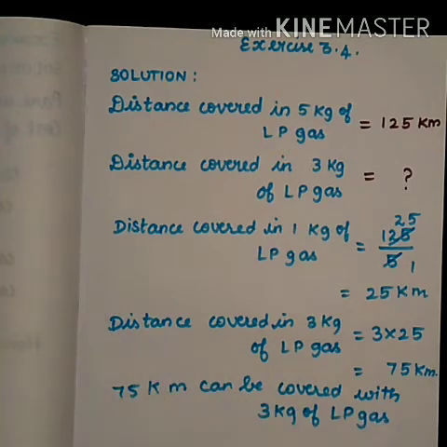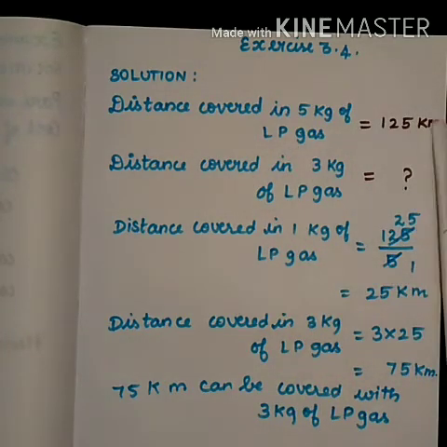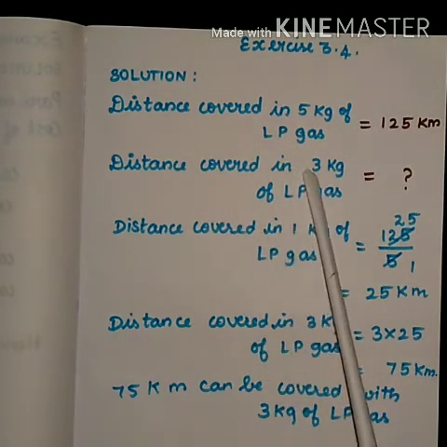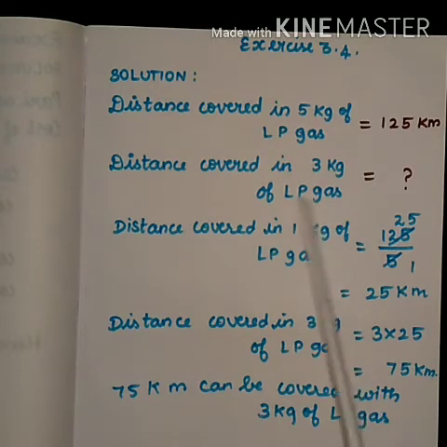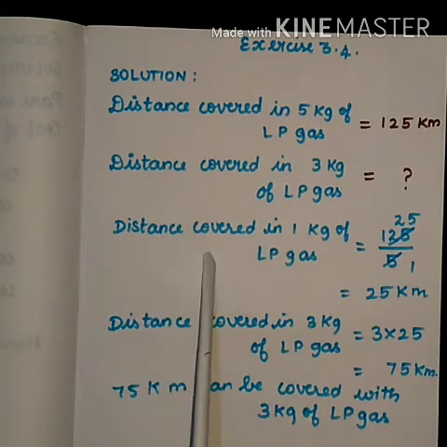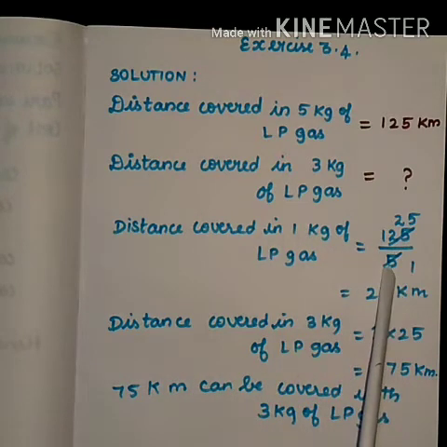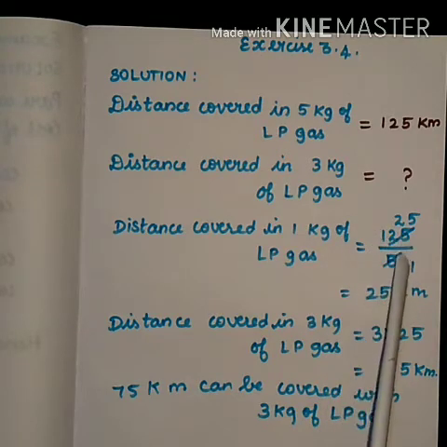Students, here the distance covered in 5 kg of LP gas is given as 125 km. You have to find the distance covered in 3 kg of LP gas. So you have to find how much distance is covered with 1 kg of LP gas. For that, 125 by 5. You have to divide the number 125 by 5.